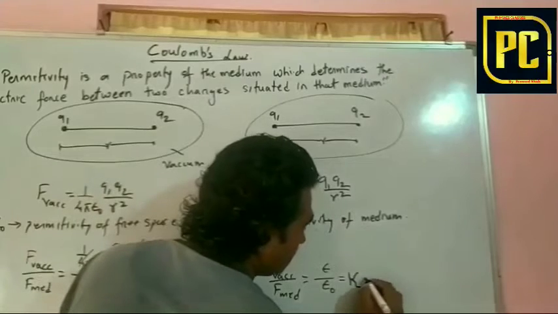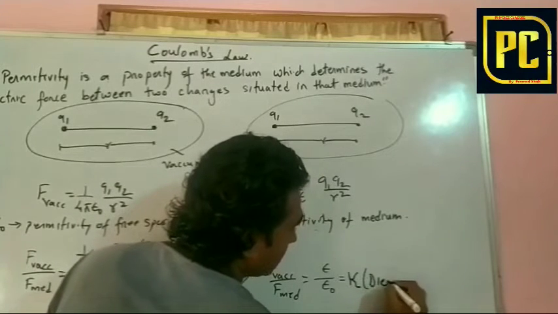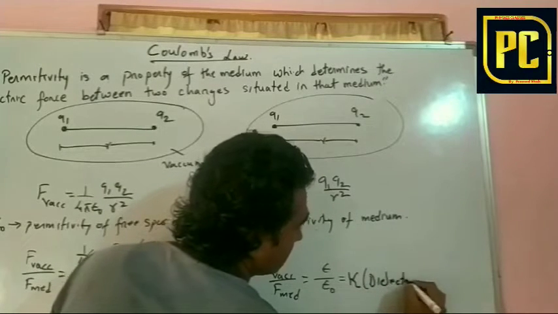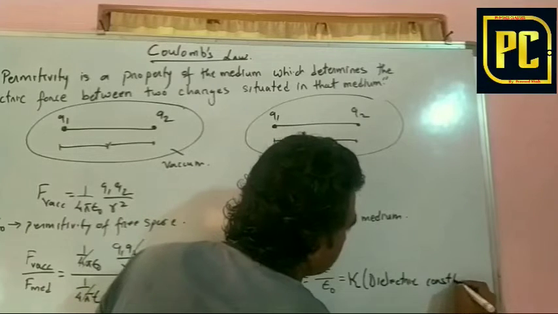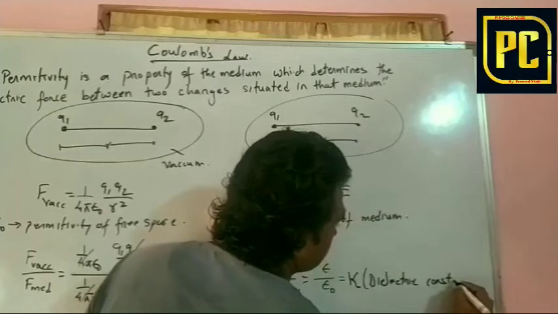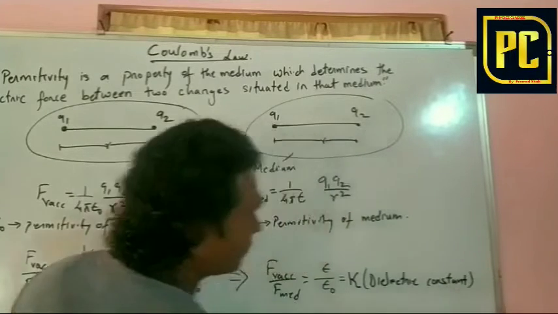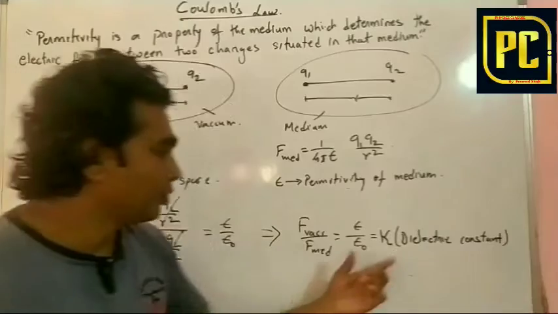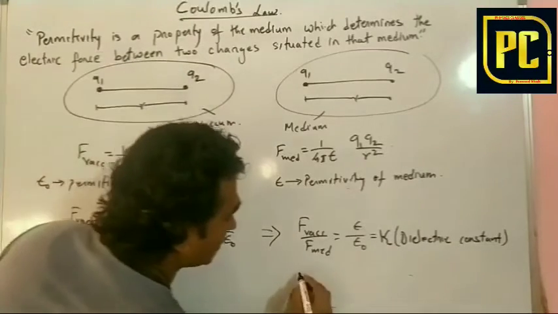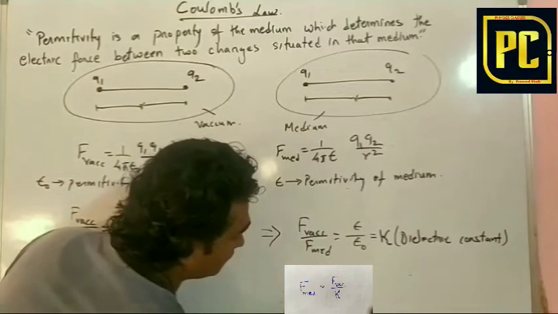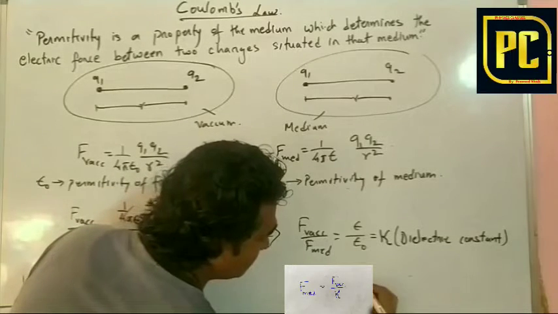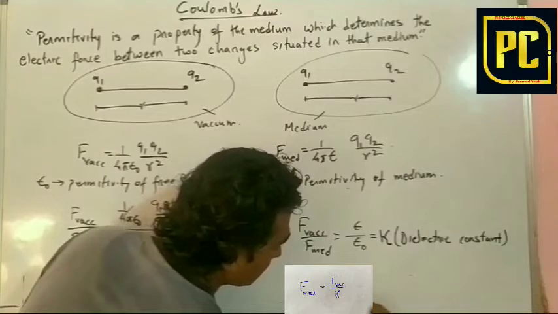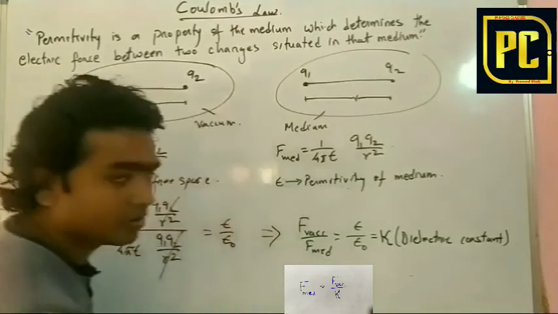So this is called your dielectric constant. This is called your dielectric constant. So I can write F vacuum by F medium as the dielectric constant.